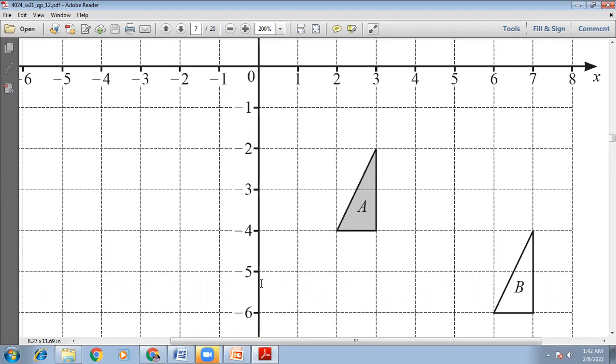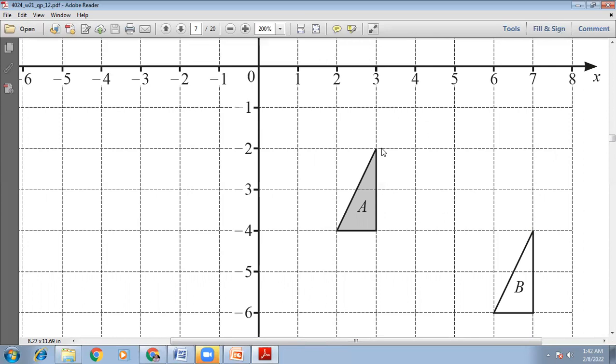If you want to know how much they have moved, A is the object, B is the image, and it's a translation. So we can take the same point in the object and in the image, and check how much it has moved on the x-axis and on the y-axis to write down the translation column vector.